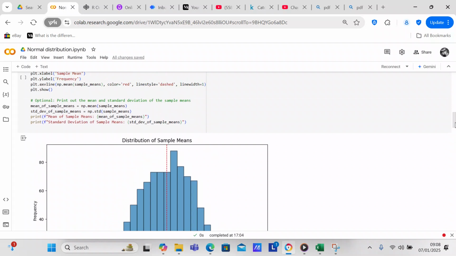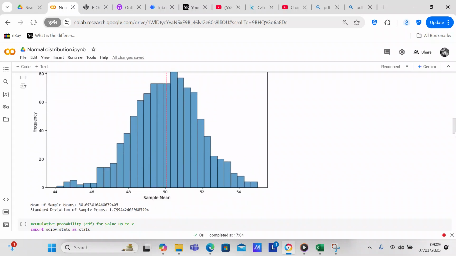Here's something that's optional: mean of sample means equals np.mean(sample_means), standard deviation of sample means equals np.std(sample_means), and then we're going to print the mean and the standard deviation of sample means.